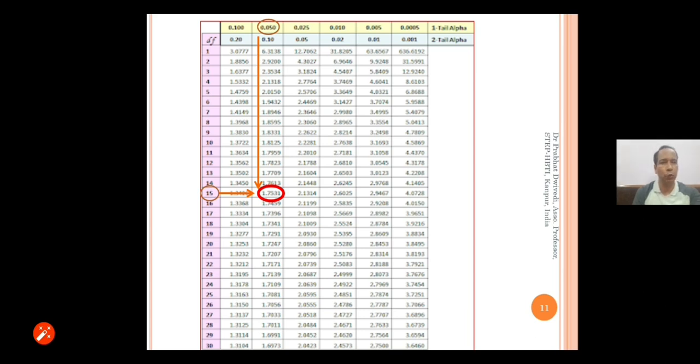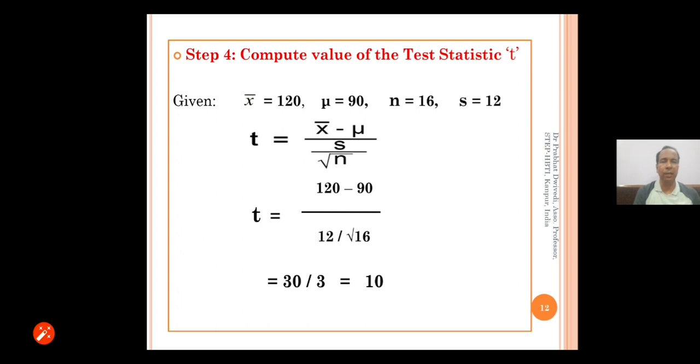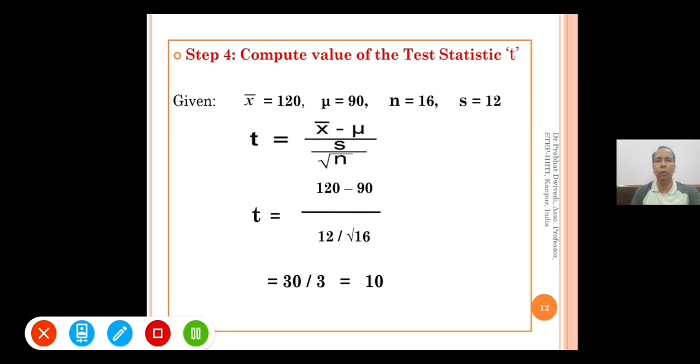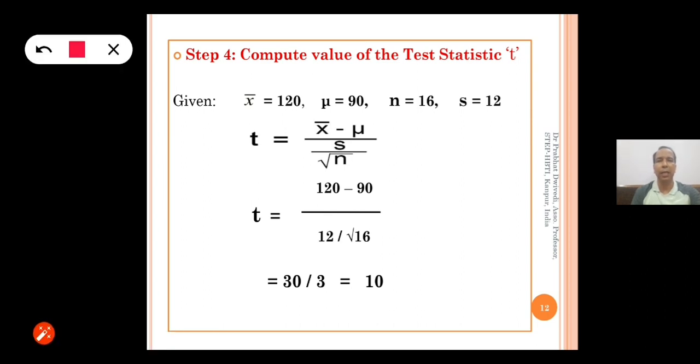That is to show you. Now let's see how we compute the test statistic t. t is equal to x bar minus mu upon s upon root n. We put all the values given to us, and finally we found the calculated value of t is 10.